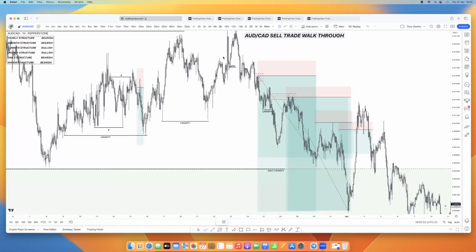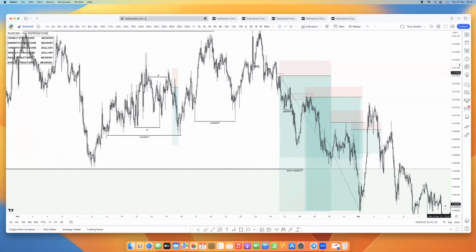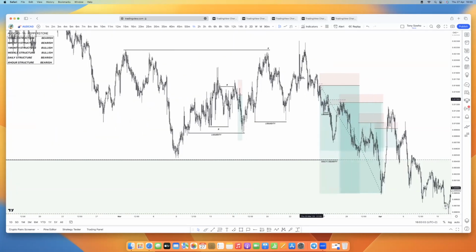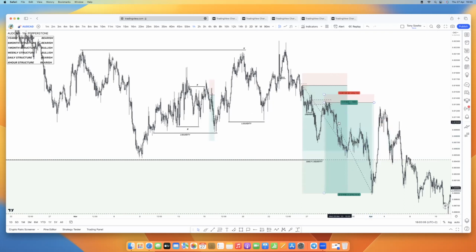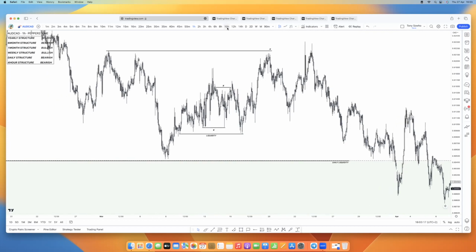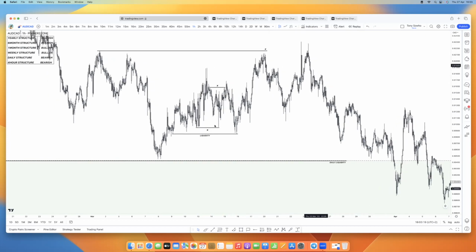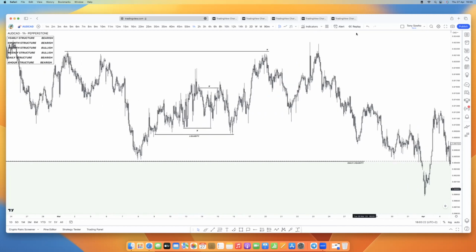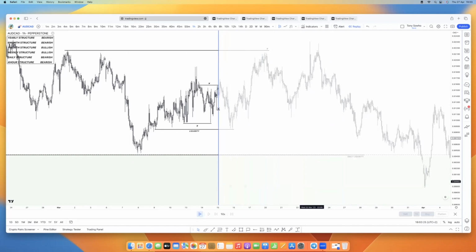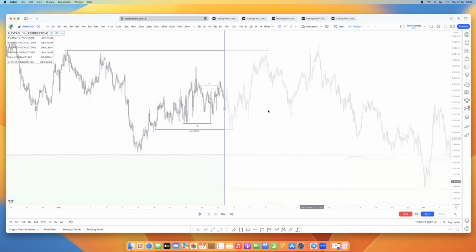Now quickly, let me move this. Let me just remove everything so we can have a very good chart. Let's go back to the first markup I had. I'm going to use this replay, and then let's just remove this. So now we're going back in time.